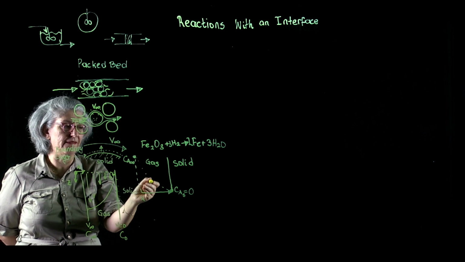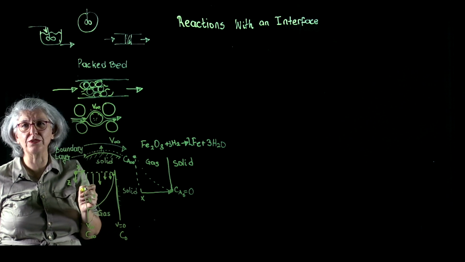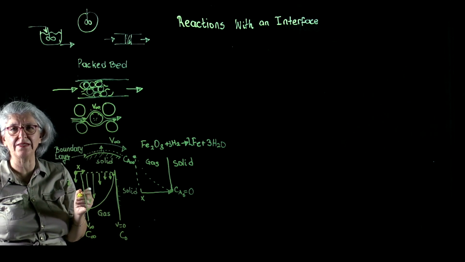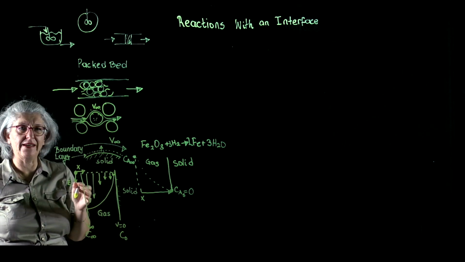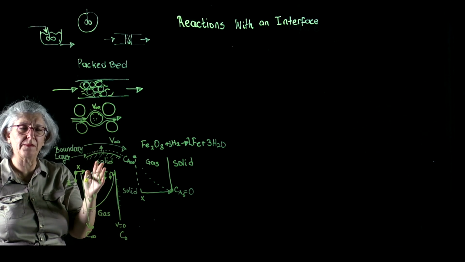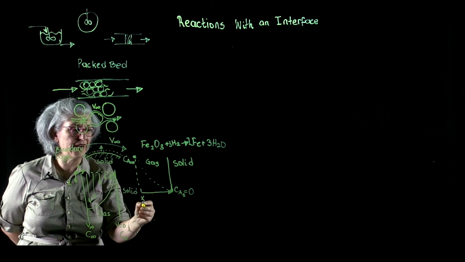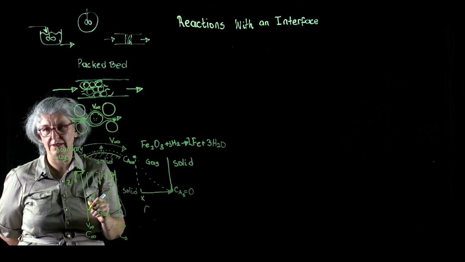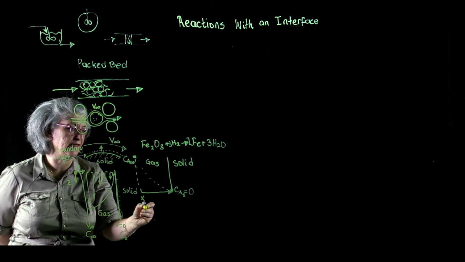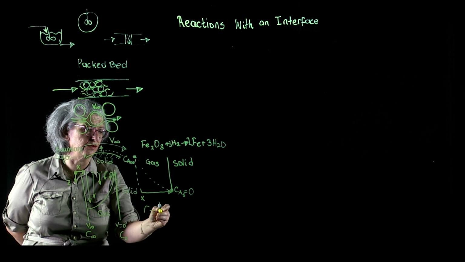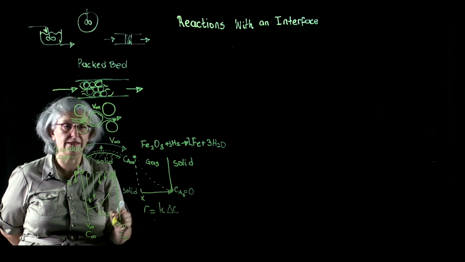If we have a simple molecular diffusion in the gas phase, we have a straightforward film mass transfer process where the rate of this film mass transfer process is equal to K times delta C.